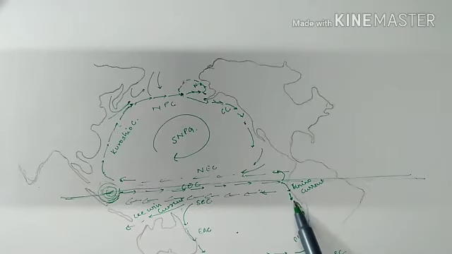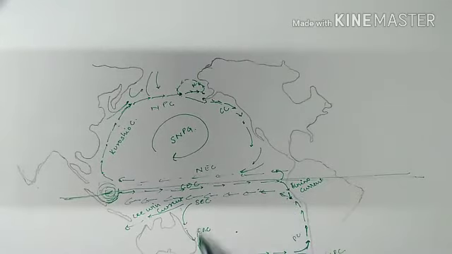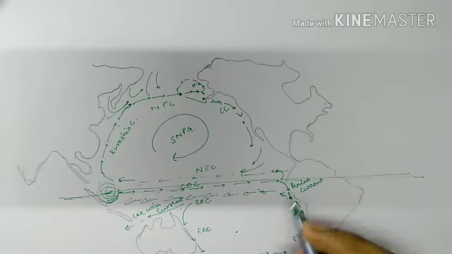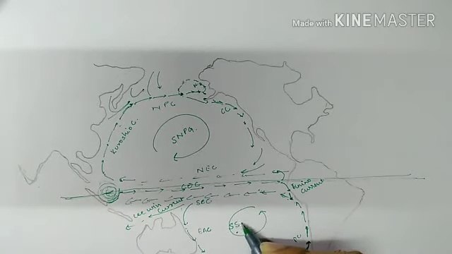Now this Peru current joins the South Equatorial current, thus completing the whole cycle of the South Pacific Ocean. And here we have the formation of another gyre known as the subtropical South Pacific gyre.